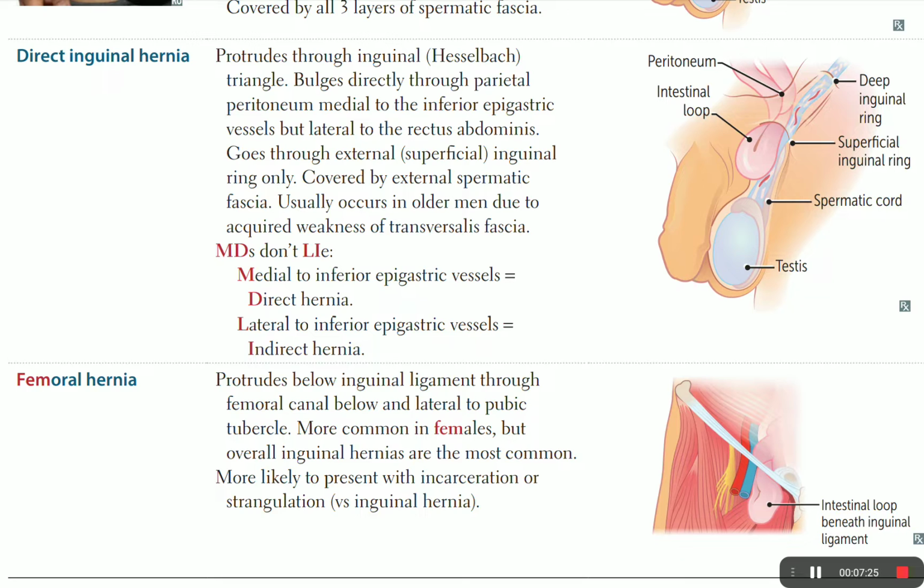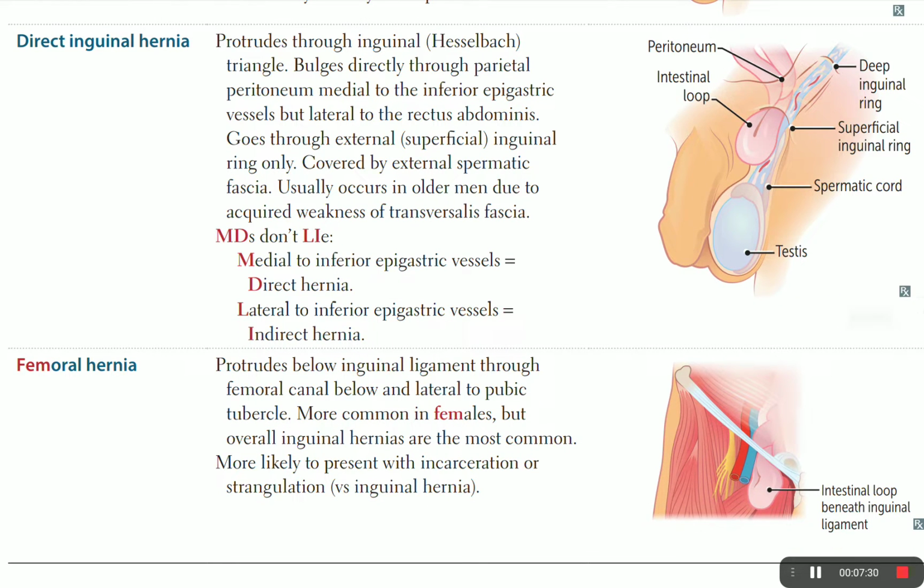We have a lot of causes to increase the abdominal pressure, as in elderly male, the benign prostatic hyperplasia causes more straining when the person goes for urination, so that increases the internal abdominal pressure. Also, cough and chronic constipation can cause the hernia.